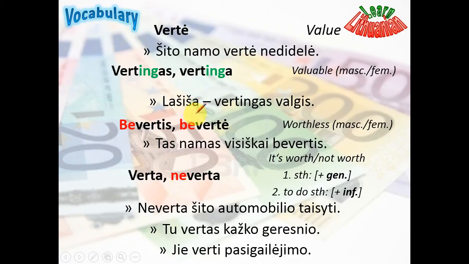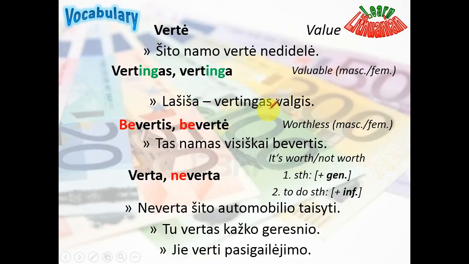Lašiša, salmon, is a valuable meal or a valuable product. Vertingas valgis. Salmon is a valuable product. Lašiša, vertingas valgis.